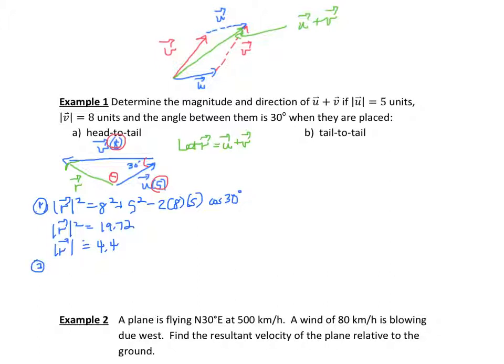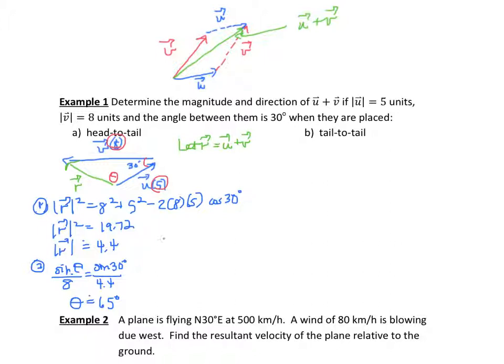So as our second step, I could use the sine law to find that angle. So I know that sine theta over 8 is equal to sine 30 over 4.4, which we just found. And then you can use your calculator to determine that theta is approximately 65 degrees.